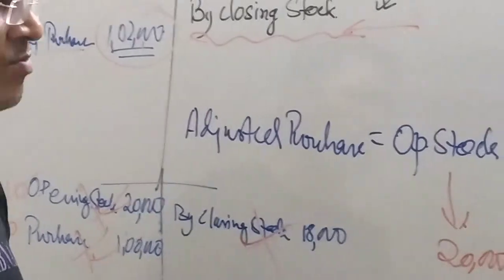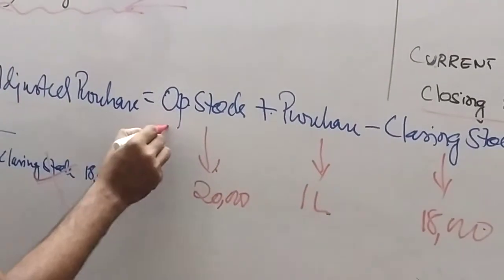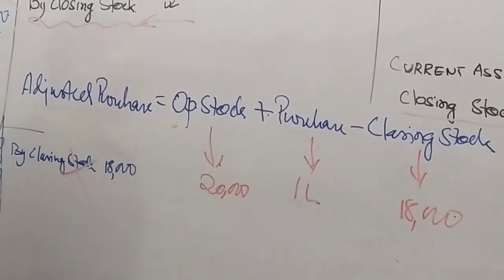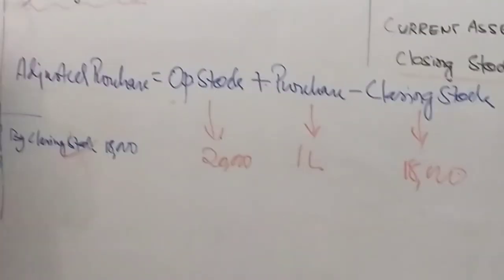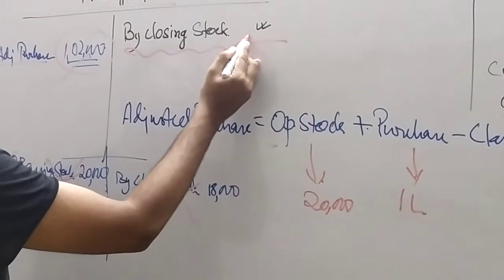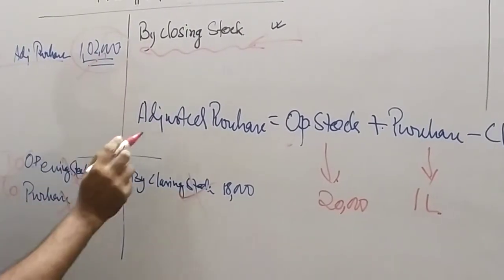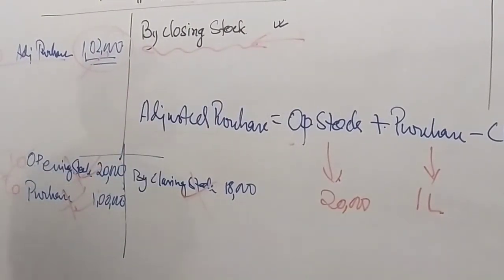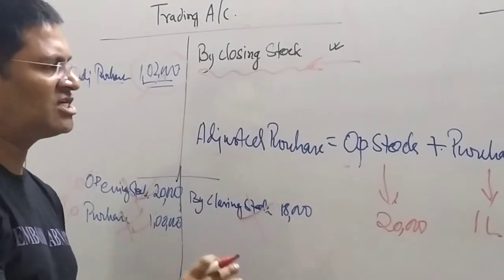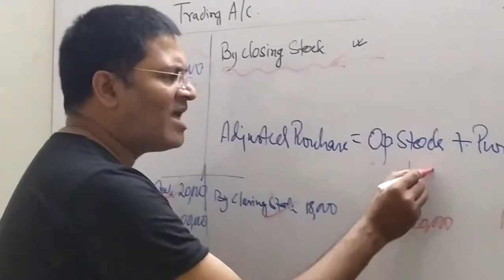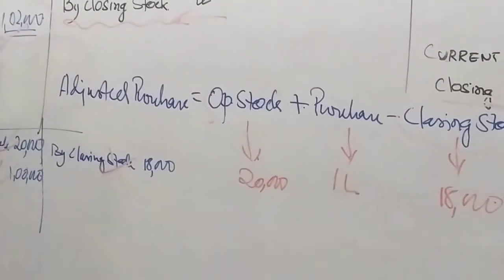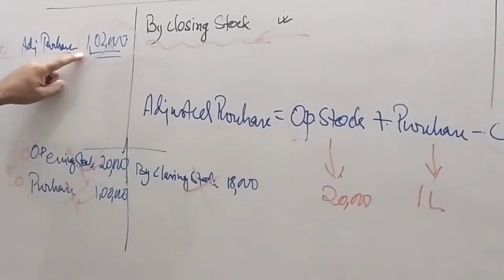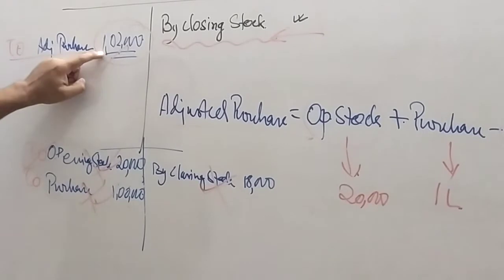Now come to this formula. You see that adjusted purchase is 1,02,000. If I write this adjusted purchase and again write closing stock over here, then it will not give me 1,02,000. It will reduce again. What I mean to say is that if adjusted purchase is given, that means we have already recorded opening stock and closing stock. Opening stock is already included: 1 lakh plus 20,000 is 1,20,000.